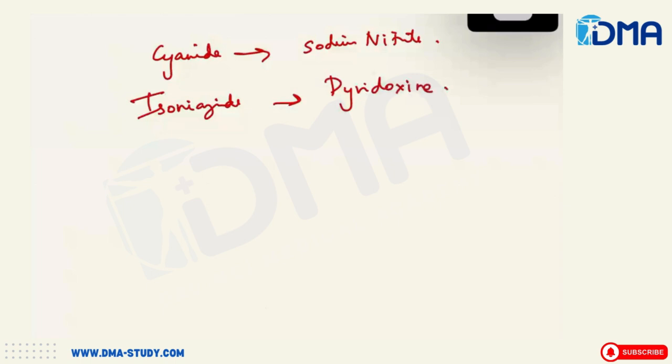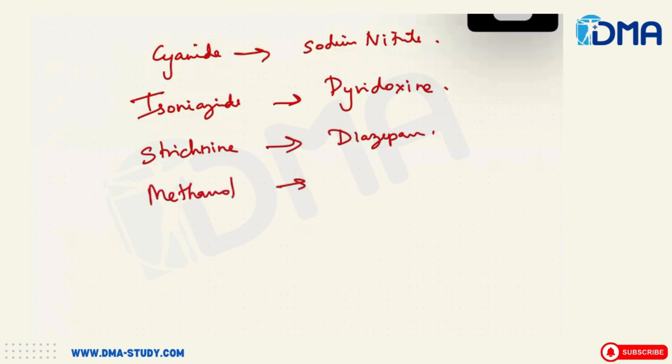Okay, then strychnine, the spinal poison. The antidote is diazepam. Okay. There are many. I have mentioned only a few. Antidote of methanol is ethanol. Okay. So I have mentioned few. You make sure you get the list from them and you read.